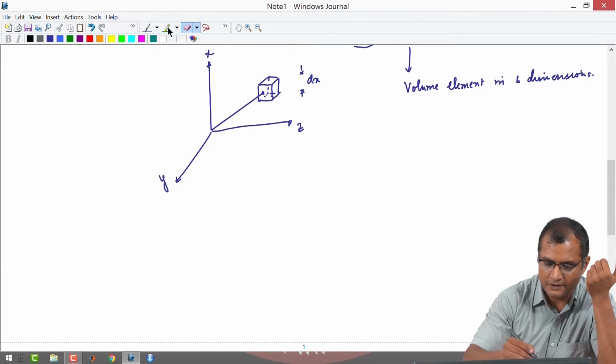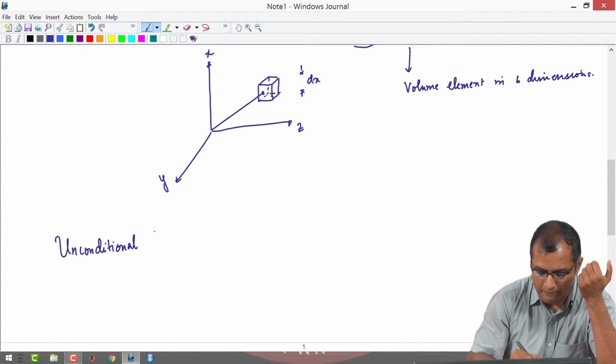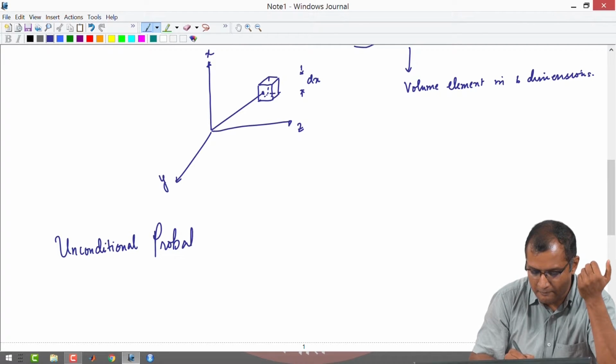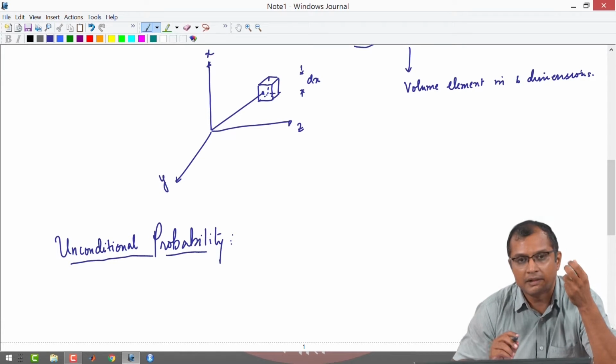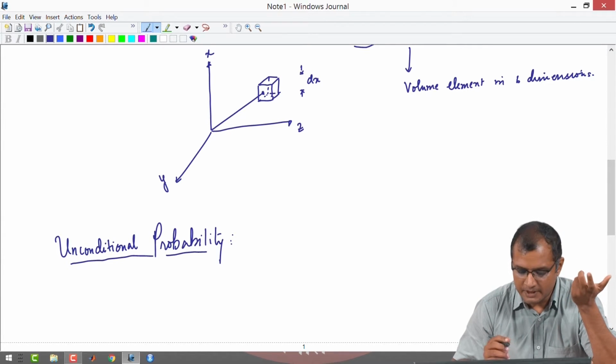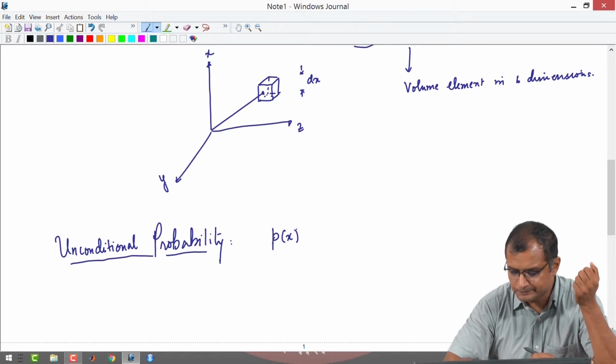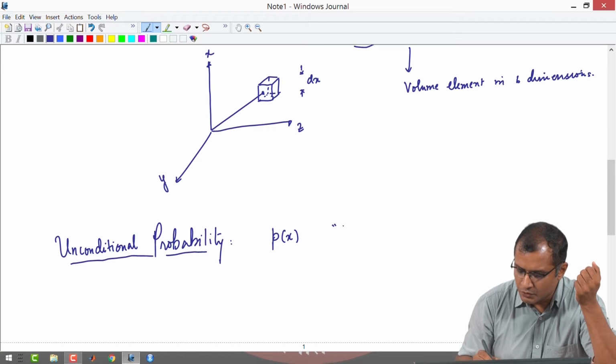If you want to know the unconditional probability of finding a particle at a location x, the word unconditional probability means, suppose you want to find the probability of finding a gas particle at location x, and you don't care about velocity.